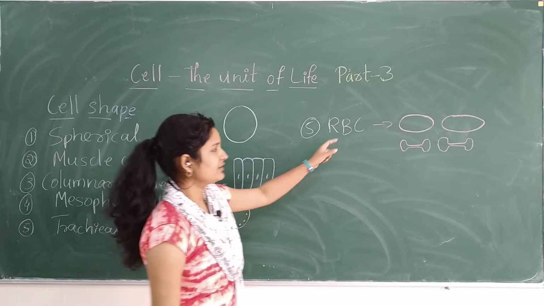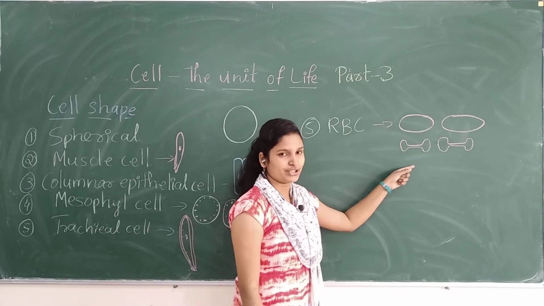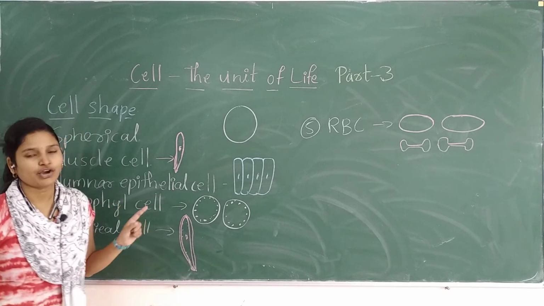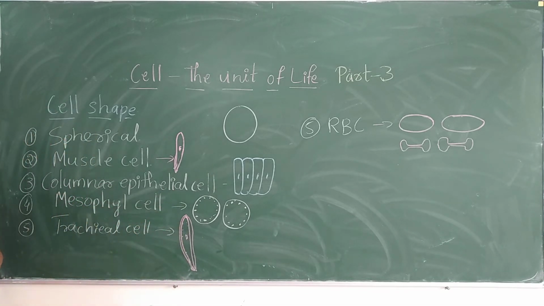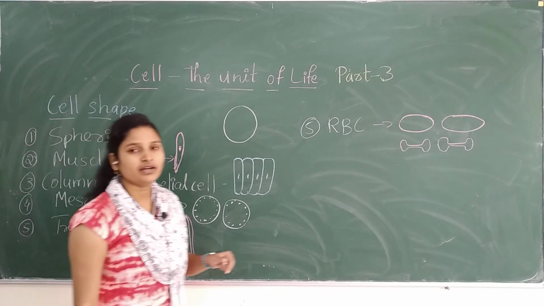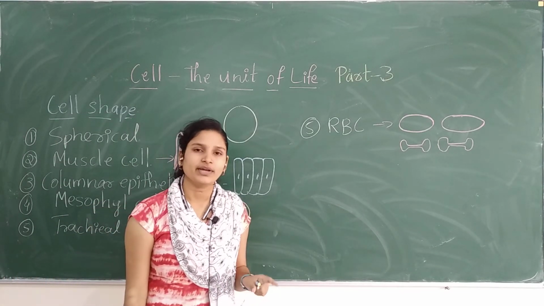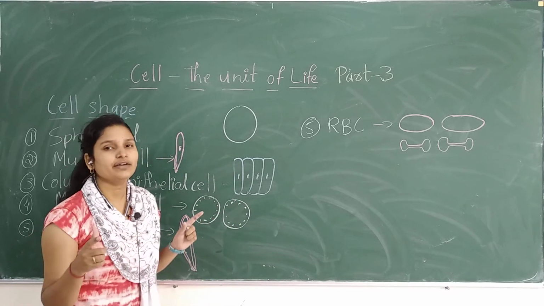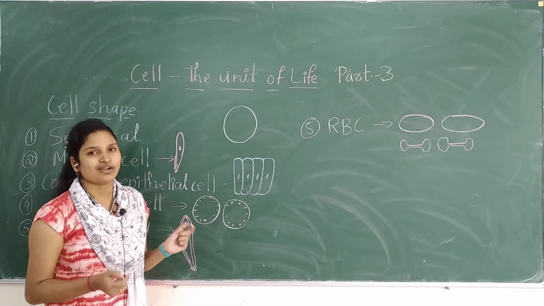So RBC will be like this. The mature RBC structure will be disc-like, biconcave. And when you observe the nerve cell, again the structure differs. The nerve cell is very elongated, the longest cell.